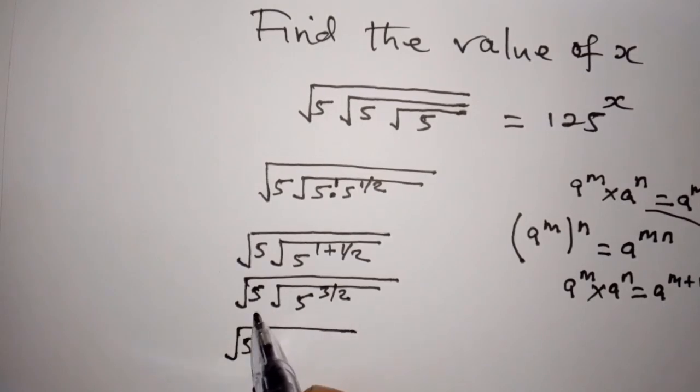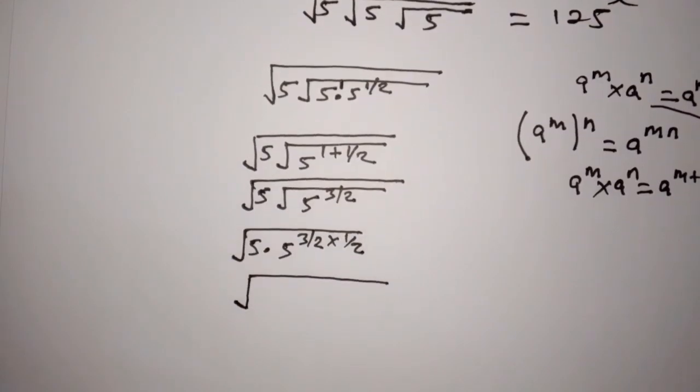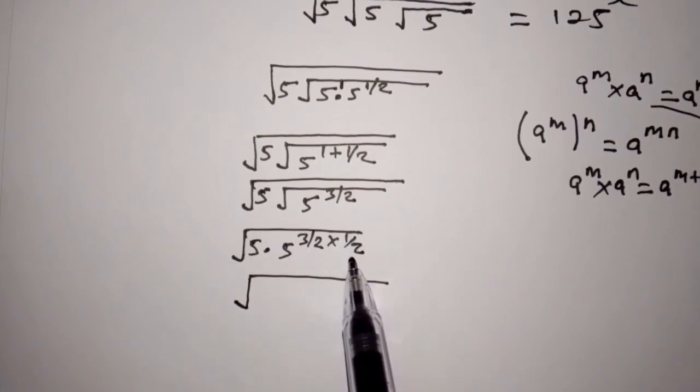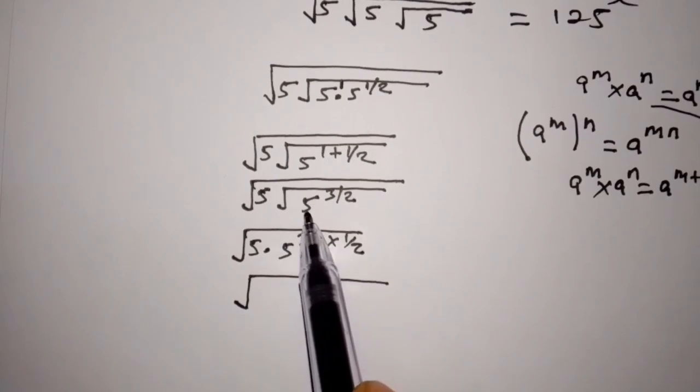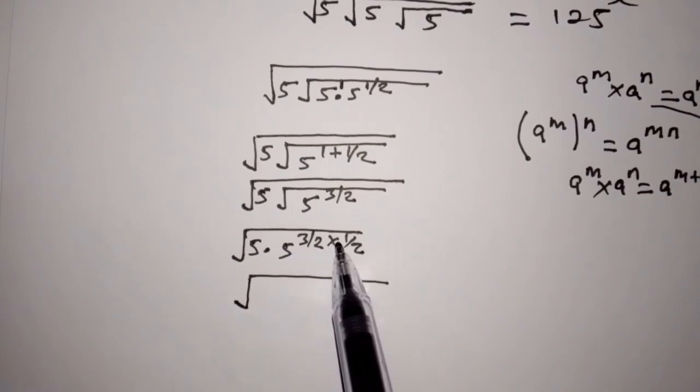We can express square root of 5 power 3 over 2 as 5 power 3 over 2 times a half.